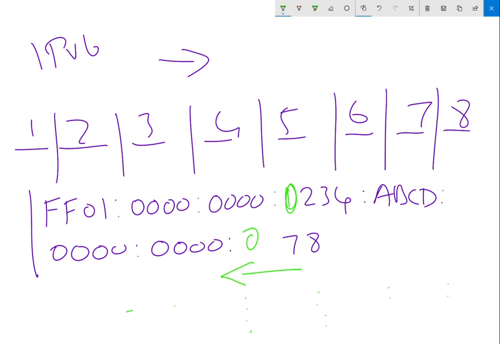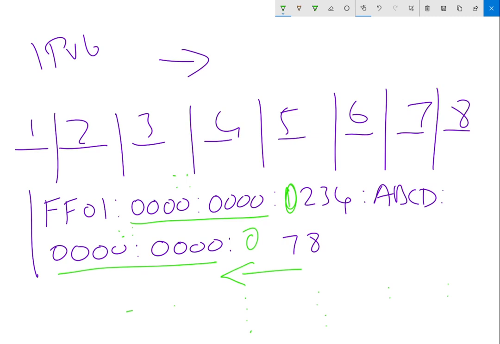So for example, here in our case, you have successive zeros here and successive zeros here. Can I make all of these with a double colon? No, you can't do that. You can select any one, okay.